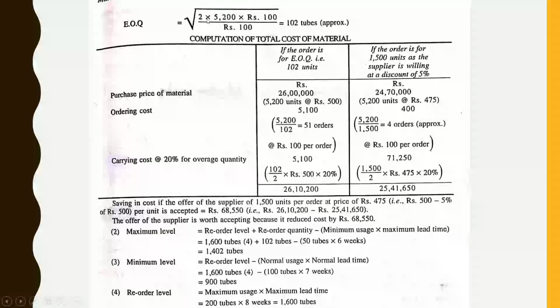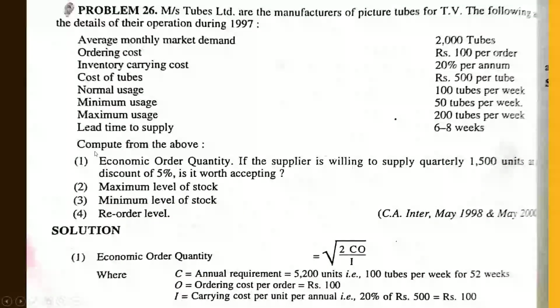Now, what will we ask? Compute from the above economic quantity. It is already calculated. If the supplier is willing to supply 1,500 units at a 5% discount, is it worth accepting? So for that, calculate the cost of material plus ordering cost plus average carrying cost.